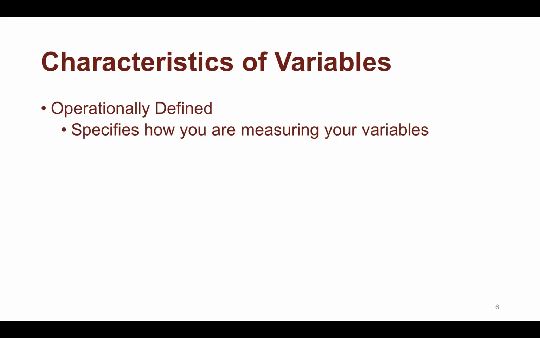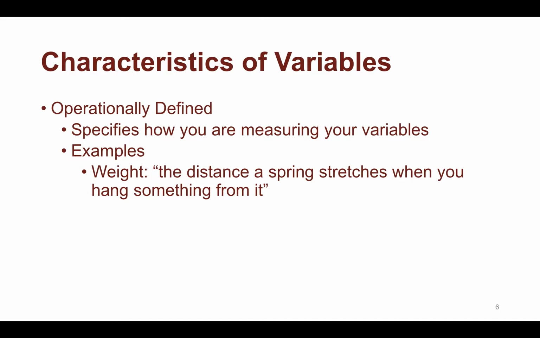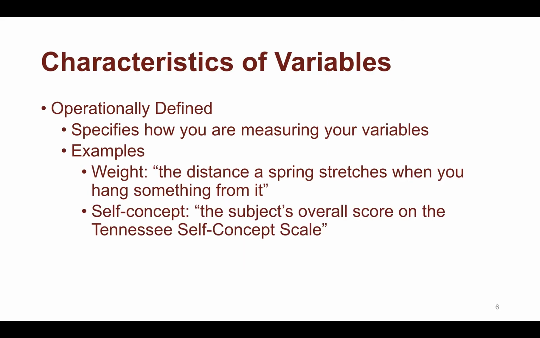Variables are also operationally defined. There's some definition that specifies how you are measuring your variables. So some examples: for weight, I might operationally define it as the distance a spring stretches when you hang something from it. I might measure self-concept as the subject's overall score on the Tennessee self-concept scale.